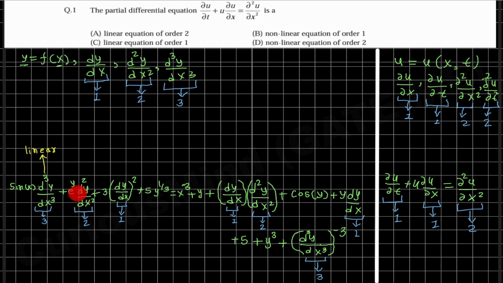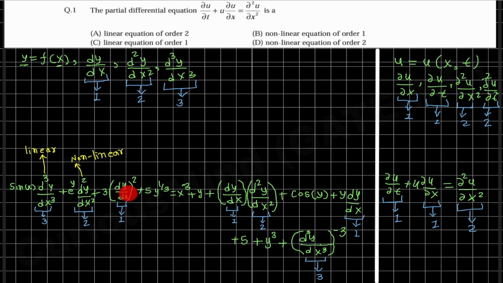Now we move to the second term, in which there is a function of y with power y, and in multiplication there is a second order exact derivative of y with respect to x. So there is a combination of functional relationship of y and second derivative of y in the second term. So this term is making this exact differential equation non-linear.